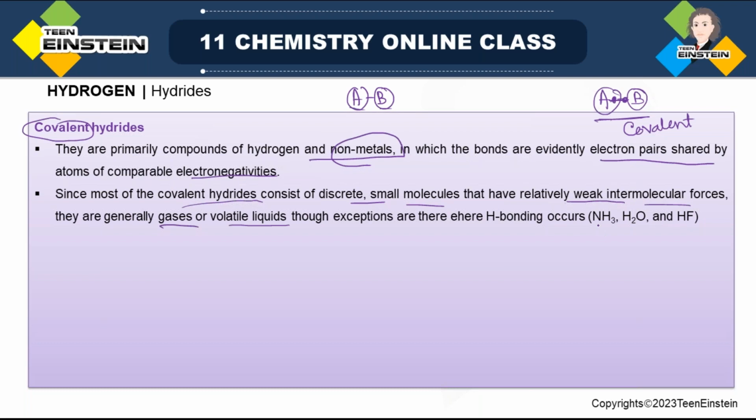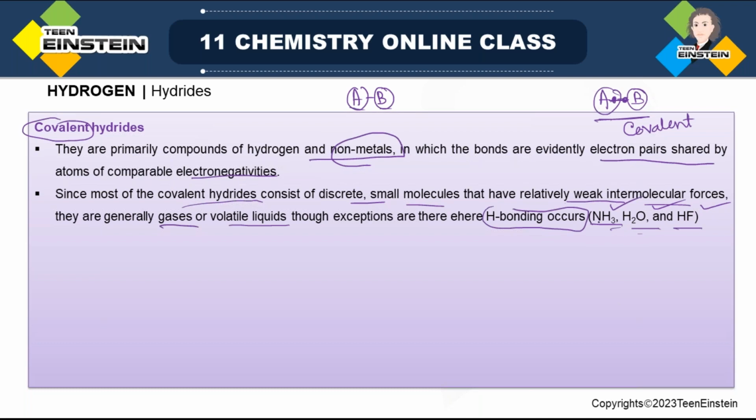Though we have some exceptions, these three compounds. Why do we have exceptions? Because in this case, hydrogen bonding is possible. Now when there is hydrogen bonding, the intermolecular force cannot be called weak, it is very strong. So excepting these three, in other cases they are gaseous or volatile liquids.